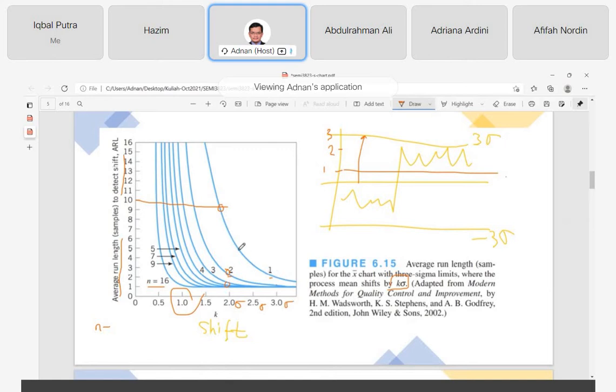If you have only one, you're going to have a delay in detection. See here, if n equal to 2, you can detect at ARL equal to 3. If n equal to 1, you need 10 points to detect. It delays. But if your sample size is 16, you're going to detect very fast. Do you understand how the sample size influences the speed of detection of out of control?